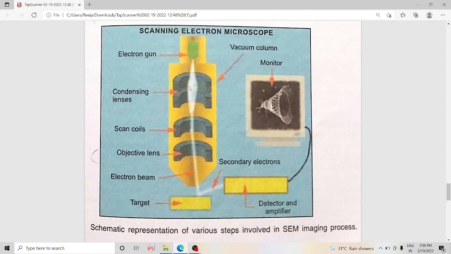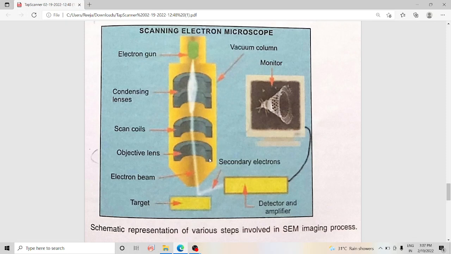After passing through the condensing lens, there is a condensing aperture, which cuts off all the high angle electrons and makes the beam more narrow. So the condensing lenses together with the condensing aperture make our beam highly narrow and focused.